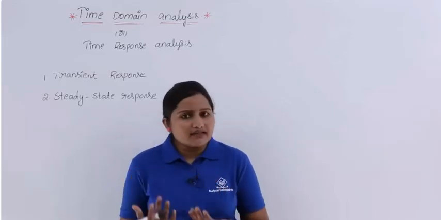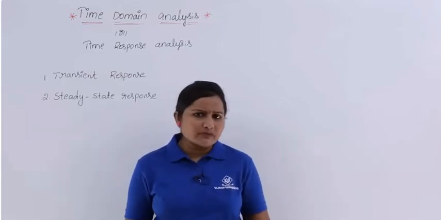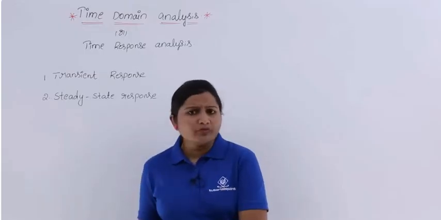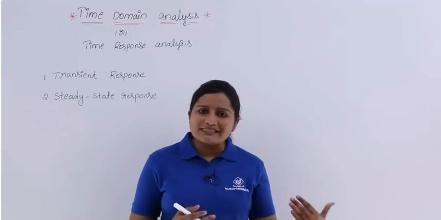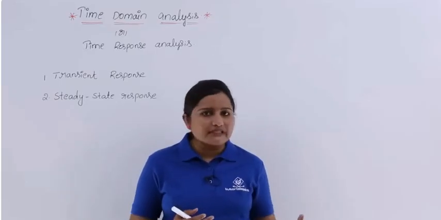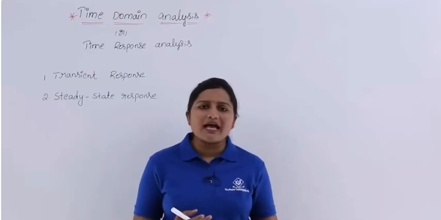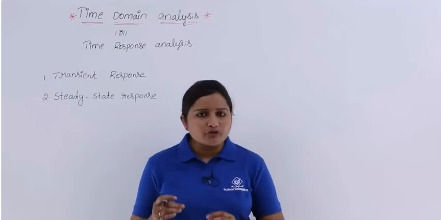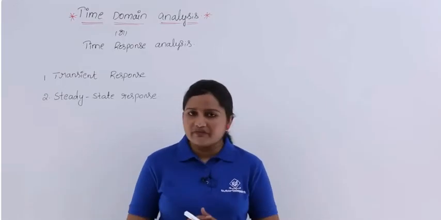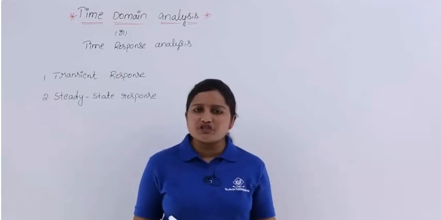How will we calculate the time response? Time response is nothing but the output with respect to time. Up to now we discussed our output in terms of the transform, that means in the frequency domain. In our previous videos, we considered the frequency domain output, C of S, to calculate the transfer function or gain.